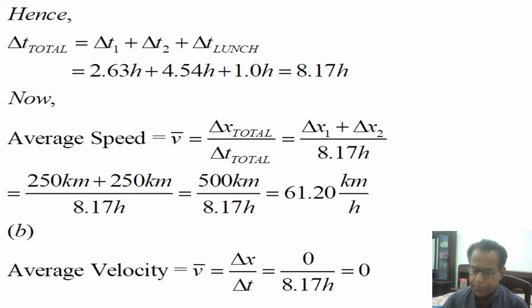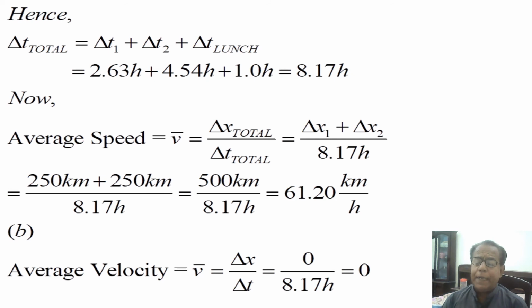Hence, average speed becomes equal to 250 kilometers plus 250 kilometers, because we have already settled this point that during the trip 250 kilometers is onward motion and 250 kilometers is backward motion. So it will become 500 kilometers divided by 8.17 hours.